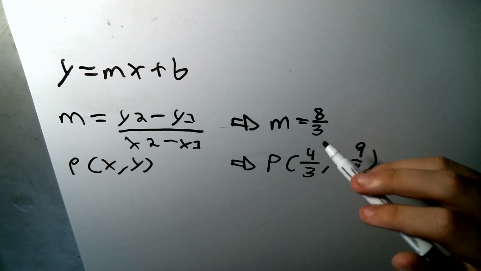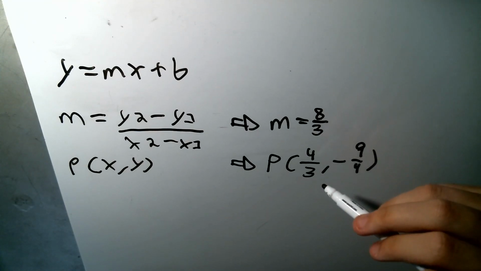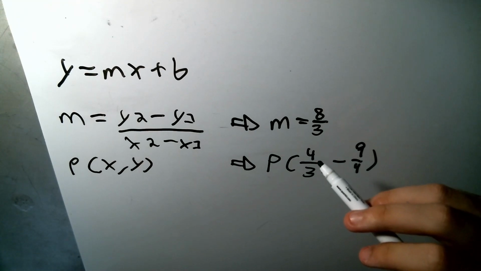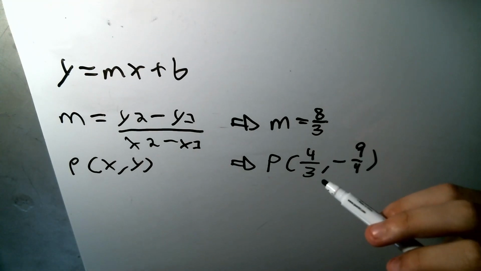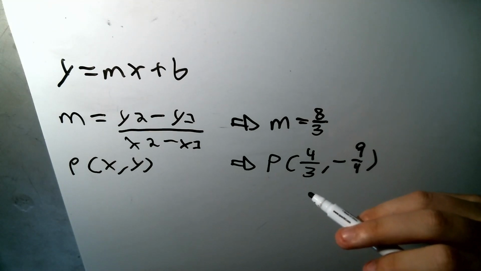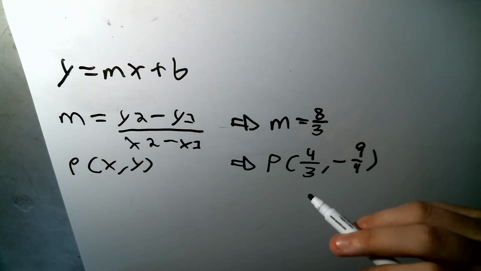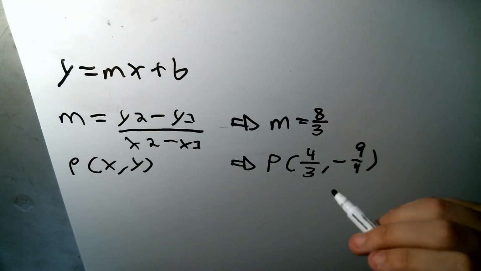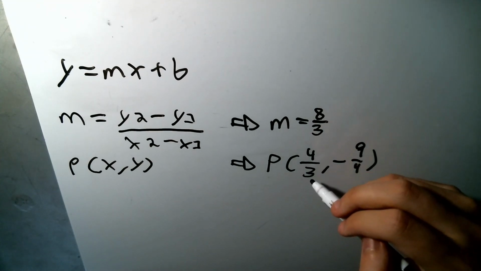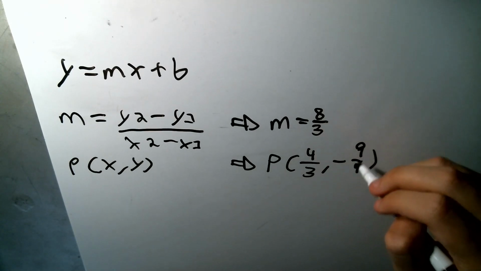With these two data aspects, we can say that the slope 8/3 passes through the point 4/3 comma minus 9/4, and from the point we're going to take the values x equals 4/3 and y equals minus 9/4.